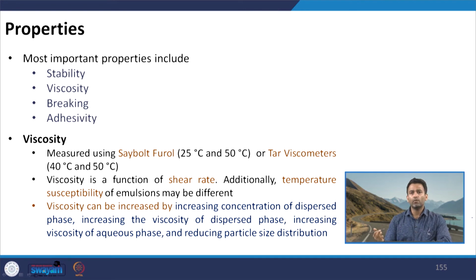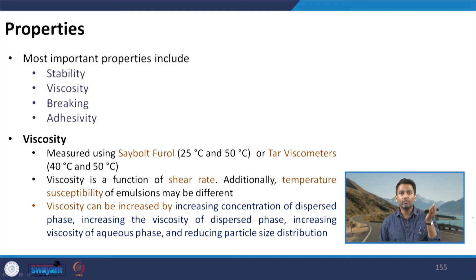In European countries, tar viscometers are usually used, and the process is almost the same, and here the viscosity is measured typically at 40 and 50 degrees Celsius. We have to remember that since there is bitumen inside the system, viscosity is also a function of shear rate, at least at the ambient temperature.